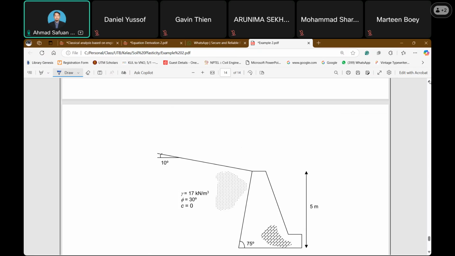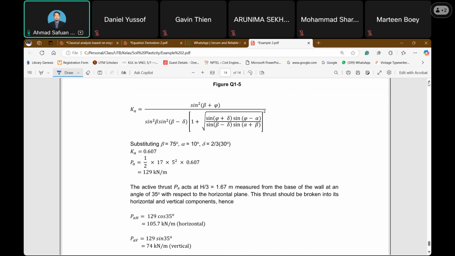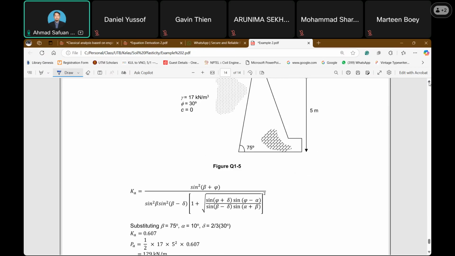So in our next discussions, we will look at how the derivation works to get the Ka. But if I'm not mistaken, the equation is different from what we will learn later on. But this is the equation based on the Coulomb.